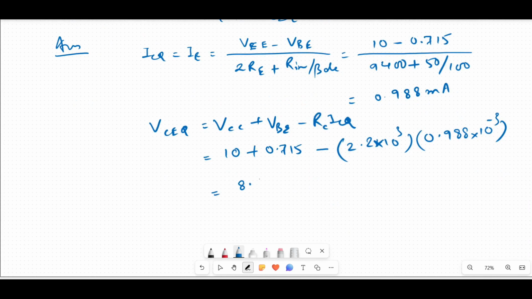After calculating, we get 8.54 volts. So this is the corresponding DC analysis.